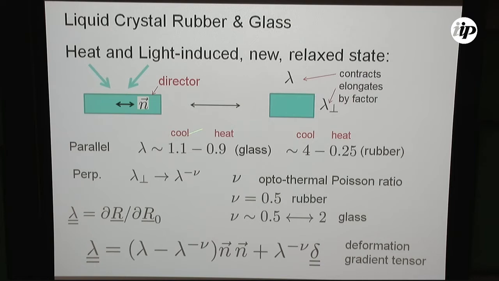And I gave some examples which go from, say, 10% to 400% length changes when we shine light on these objects. And they have a Poisson ratio, an optothermal one, which says how they react in the perpendicular direction: shrink by lambda, they expand by a factor of lambda to the minus nu. And there's a range of values of that.